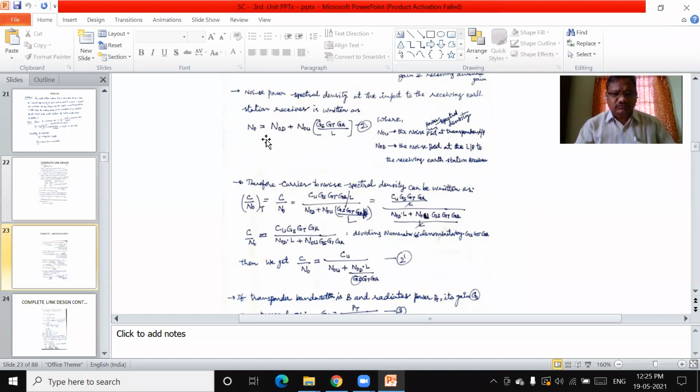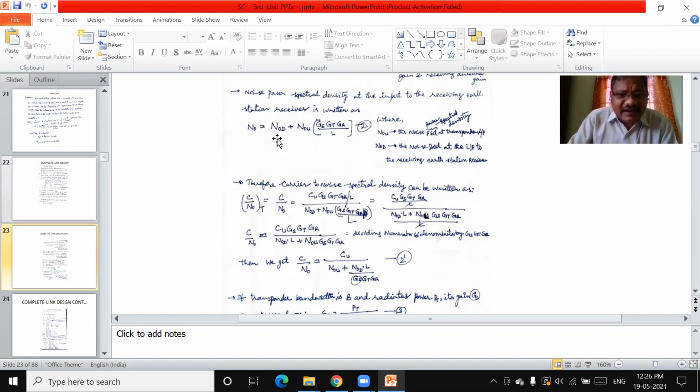So what is this N naught? N naught is the power spectral density at the input of the receiver of the earth station, at the receiving earth station receiver.